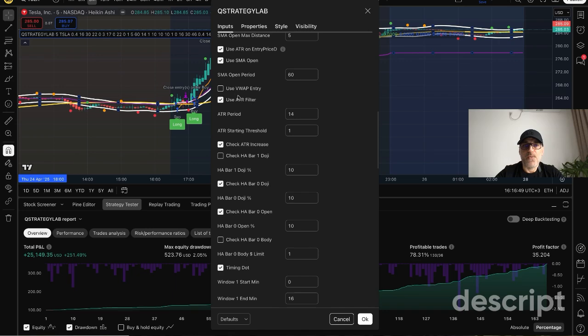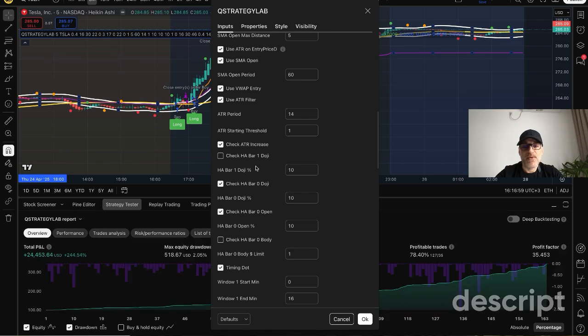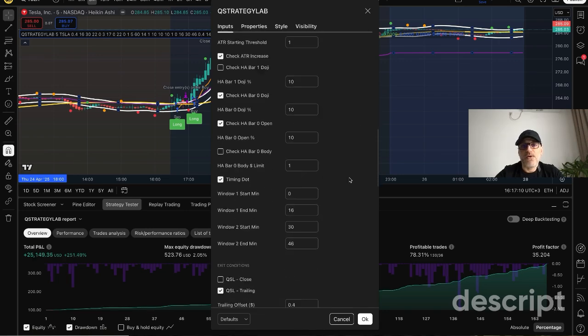Now you can see here VWAP. We are not selecting it, but of course you can do that. Once you select it, you will see that the profit is getting down, because it will take fewer trades and more secure trades, but for now leaving it off.